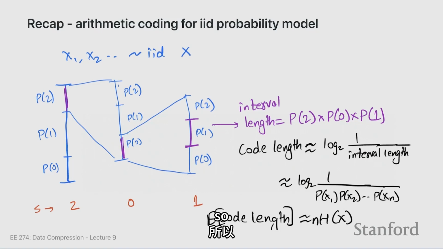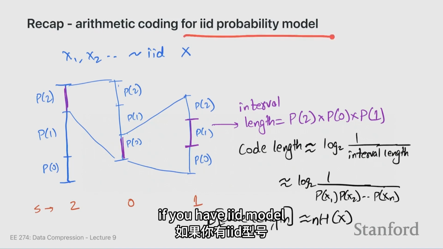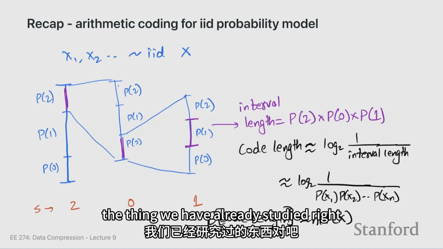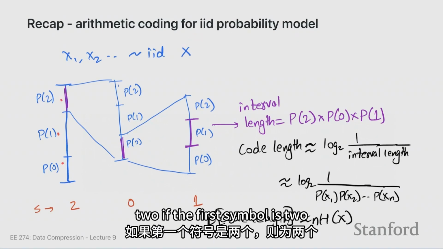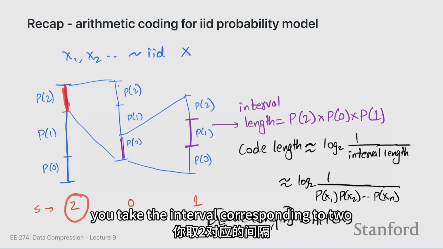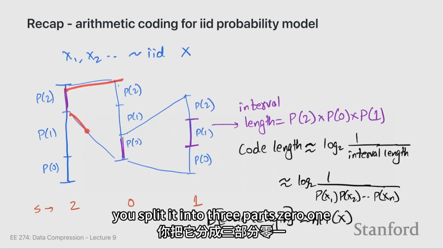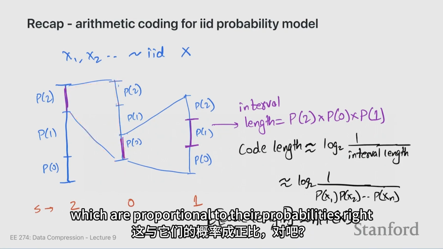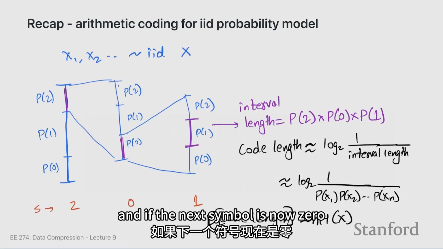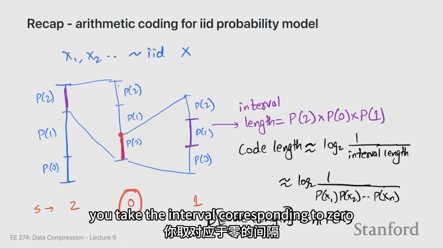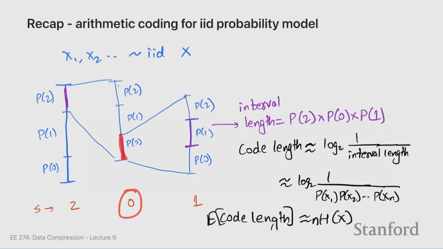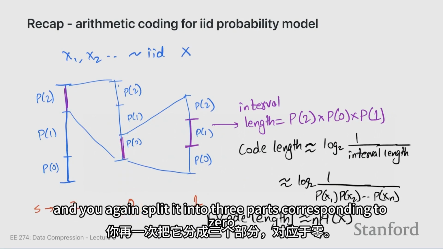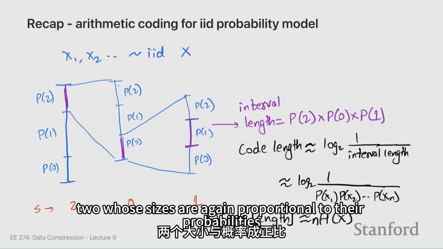So if you have the IID model, the thing we have already studied, and you have symbols 0, 1, 2, so if the first symbol is 2, you take the interval corresponding to 2, you split it into 3 parts, 0, 1, 2, which are proportional to their probabilities. And if the next symbol is now 0, you take the interval corresponding to 0 and you again split it into 3 parts corresponding to 0, 1, 2, whose sizes are again proportional to their probabilities.